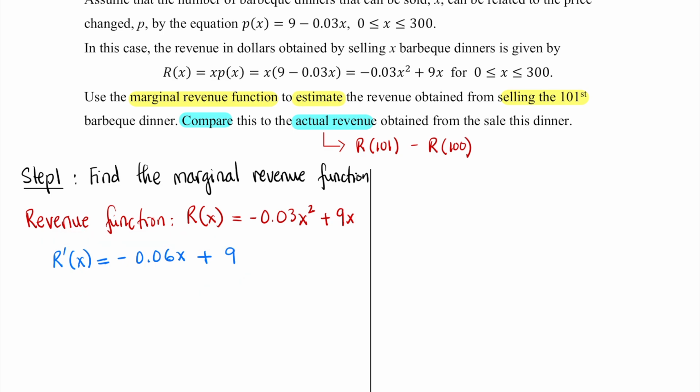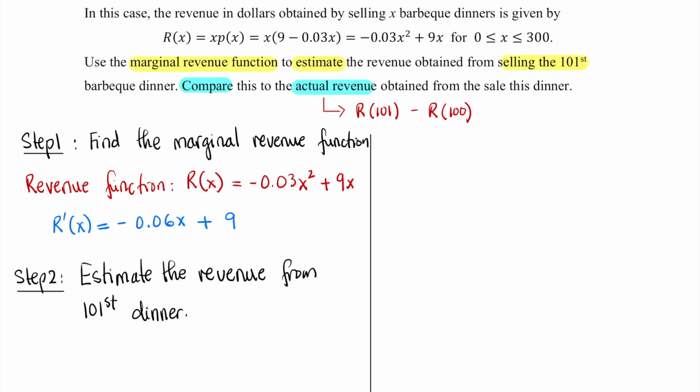Step 2. We use this function to estimate the revenue from the 101st dinner. Now, we use the derivative to estimate the revenue from selling the 101st dinner. Since the 101st dinner means going from 100 dinners to 101 dinners, we evaluate the marginal revenue at x equals 100. So we'll compute R prime of 100.